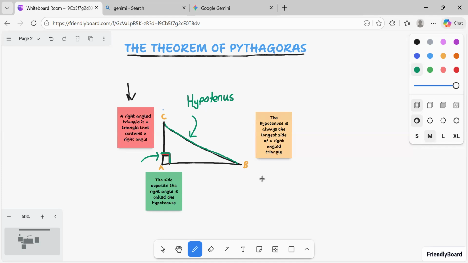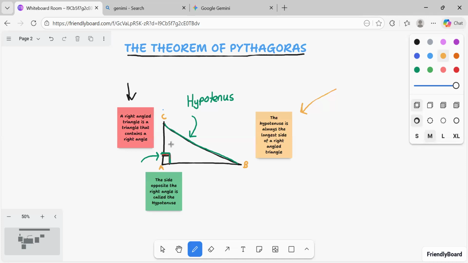Now we are going on to the next point that I wrote there: this hypotenuse is the longest side of a right-angled triangle. So if you compare the sides, side AC and side AB, let's see which side is the longest here.